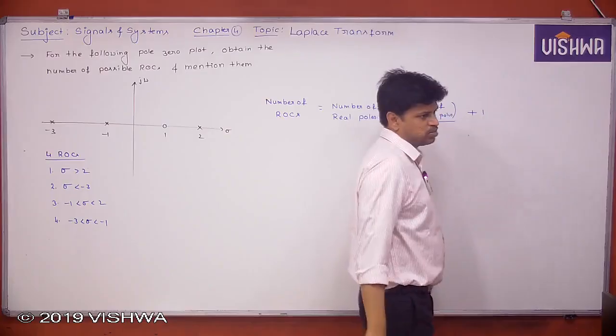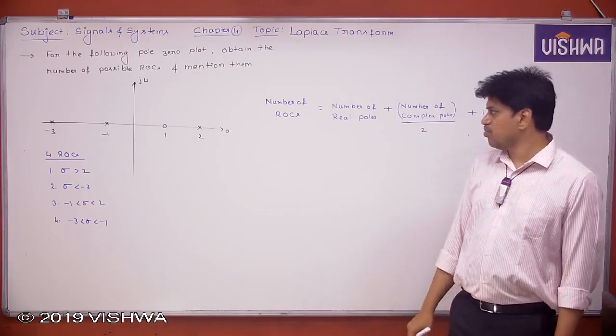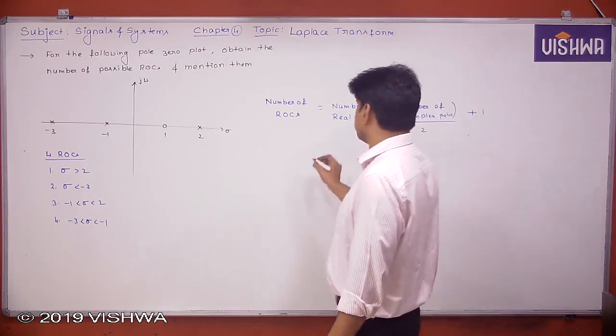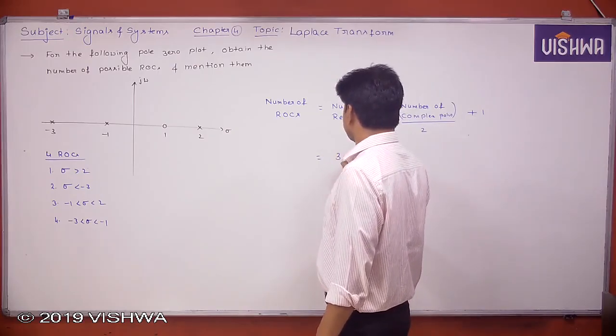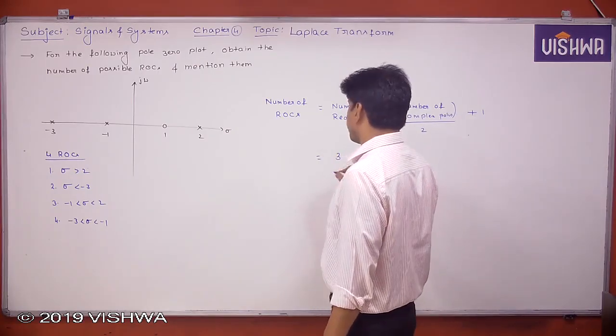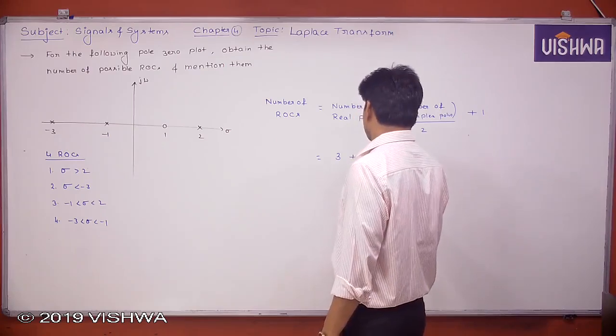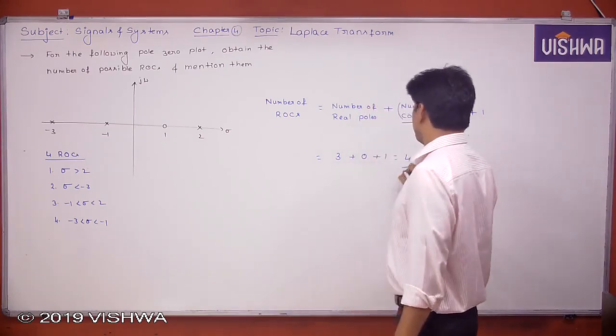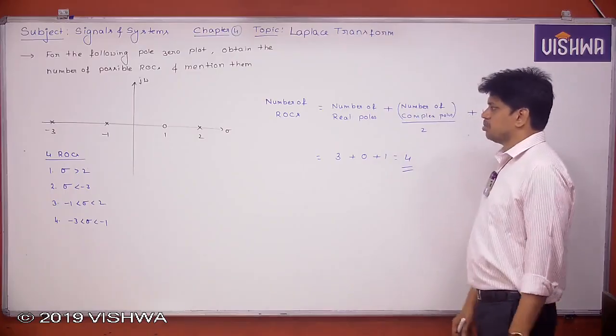Now if you observe carefully, how many real poles are there? 3. How many complex poles do we have? No, we don't have any complex poles. Plus 1. So it is nothing but 4. So this is the formula you have to remember.